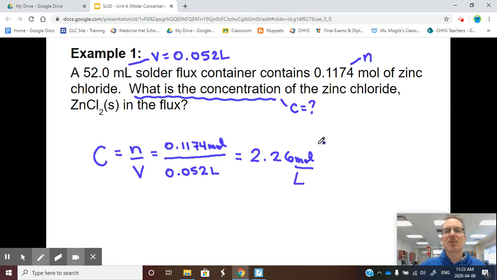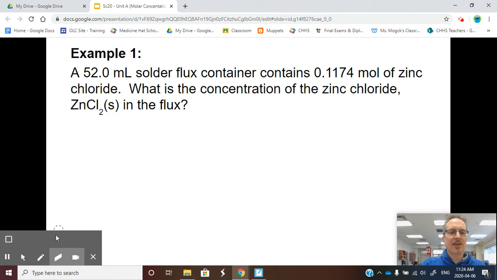Again, if I was to mark this question, you get 1 mark for the formula, you get 1 mark for the substitution with units attached, and you get 1 mark for the answer with unit attached. This question would be out of 3. Okay, we're going to clear that.